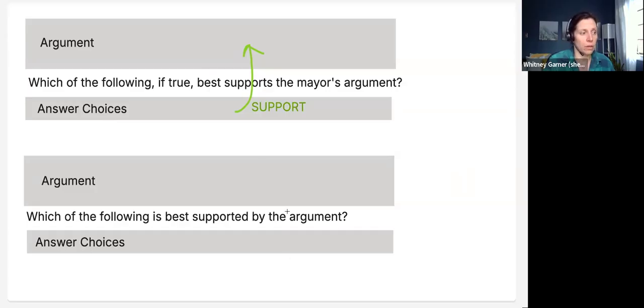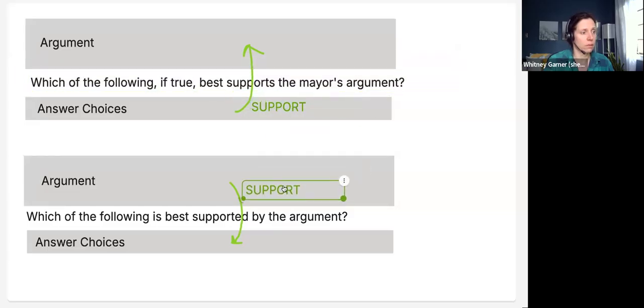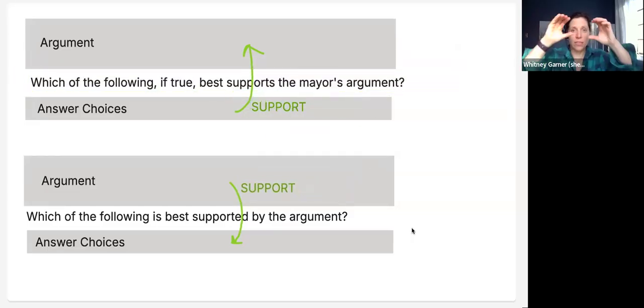Now we have support going from the argument down to the answer choices. So now the argument itself is the support leading to a conclusion.